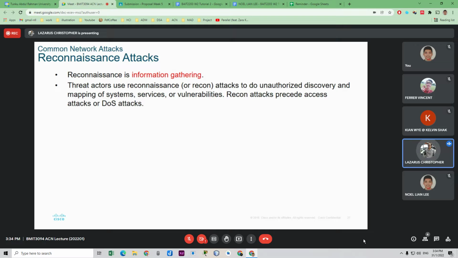But for a threat actor, when they know this, they know which host they can attack and what the vulnerabilities are.